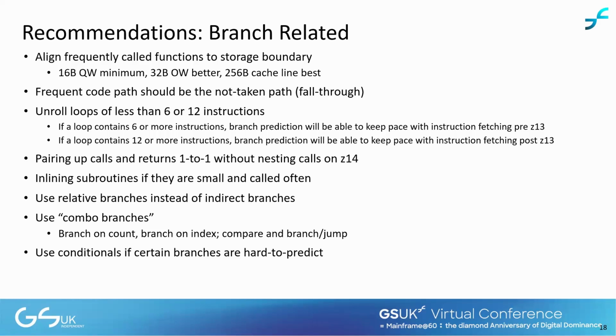Actually, I said that badly. You want to unroll for less than 12. If it's more than 12, the branch predictor is able to keep up with it. And that answer varies based on the machine generation, so that's all called out.